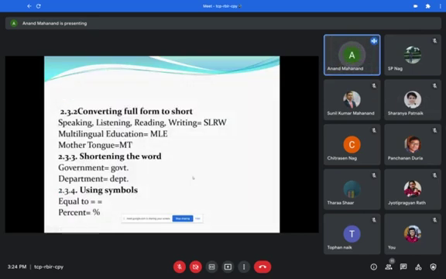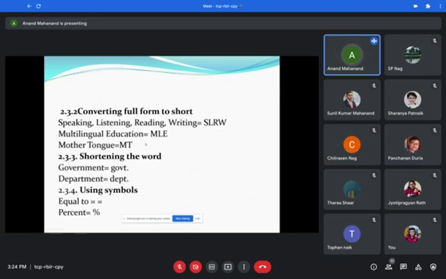Then another way of shortening is converting full form into short form. Speaking, listening, reading, writing, all these are there, so you call it SLRW. Multilingual education, MLE. Mother tongue, MT. Full form to short form.